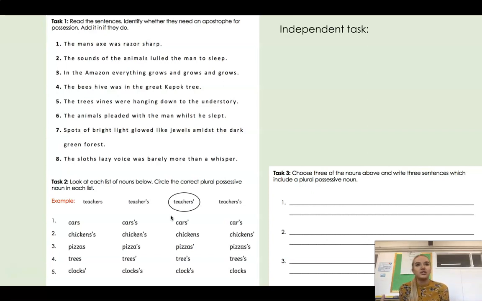The group of teachers' lunchboxes were very filled today, for example. So you've said there's lots of teachers, they owned the lunchbox. Remember though, with that, not only are you identifying that it's a plural possessive noun by adding the apostrophe after the S, but you're also identifying the fact that they own something, because that's what makes it a possessive apostrophe.